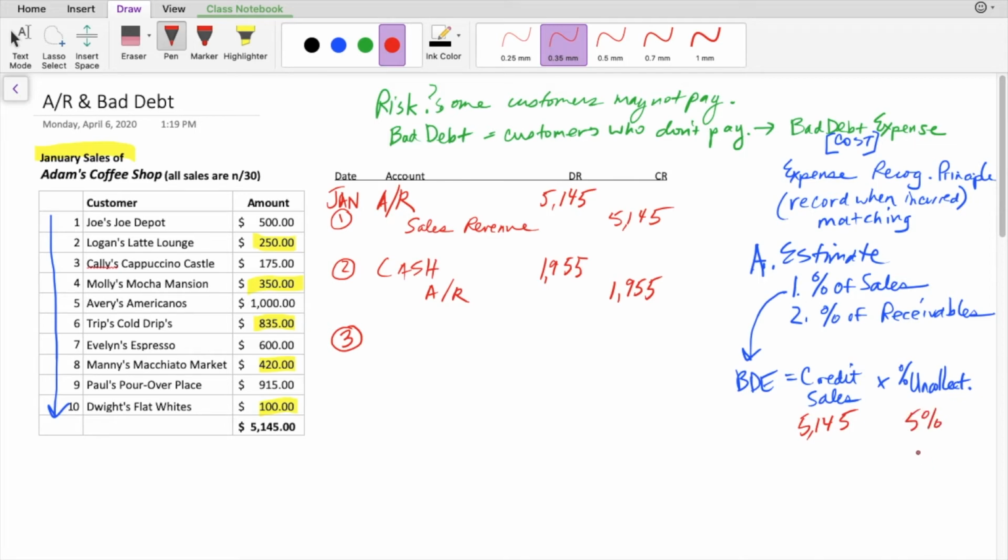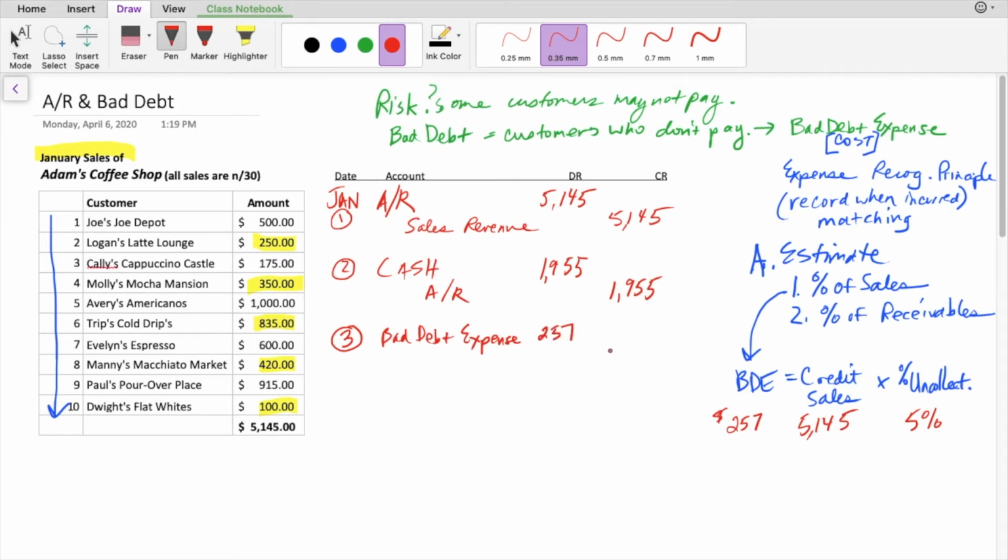If that's the case, 5% of our $5,145 is $257. And so I would record my entry at the end of the month of January. I would record bad debt expense of $257.